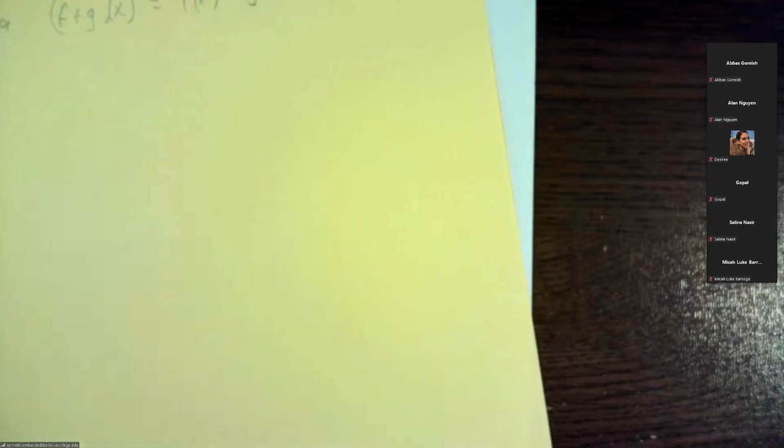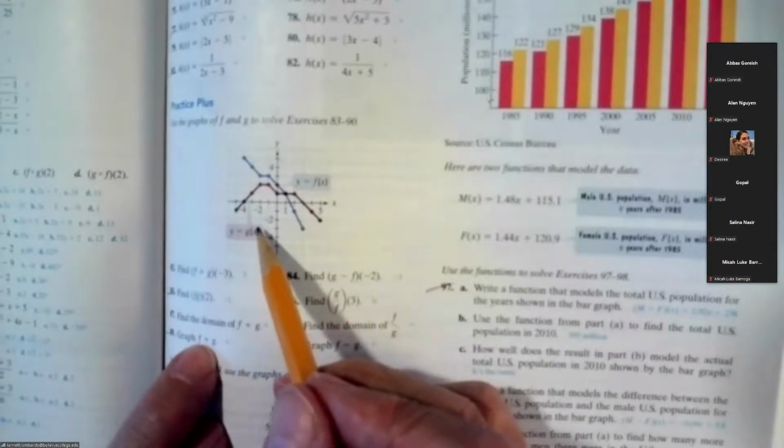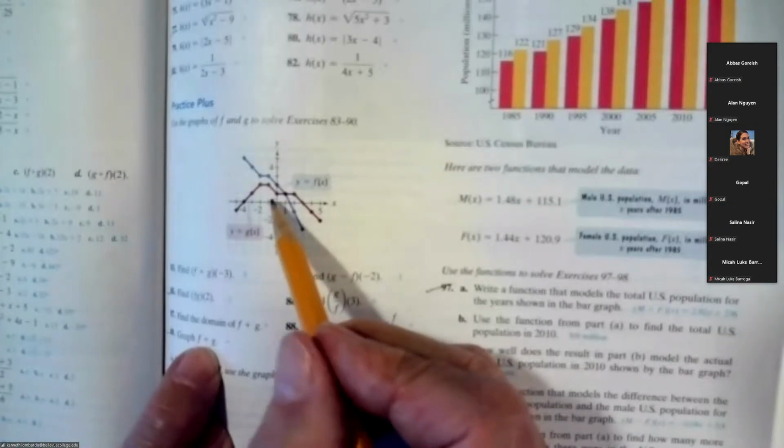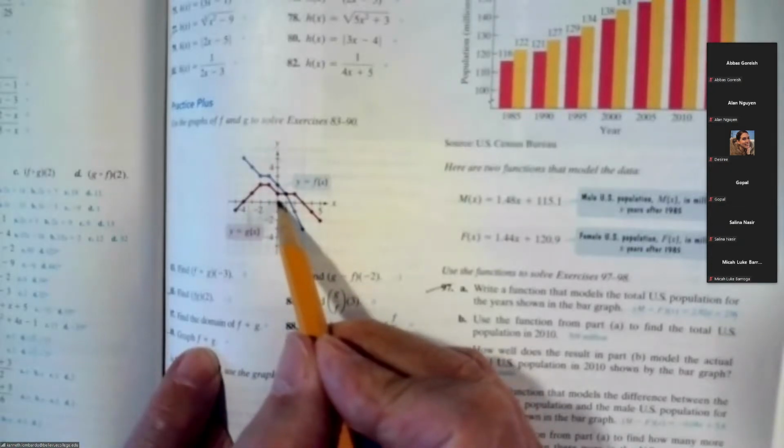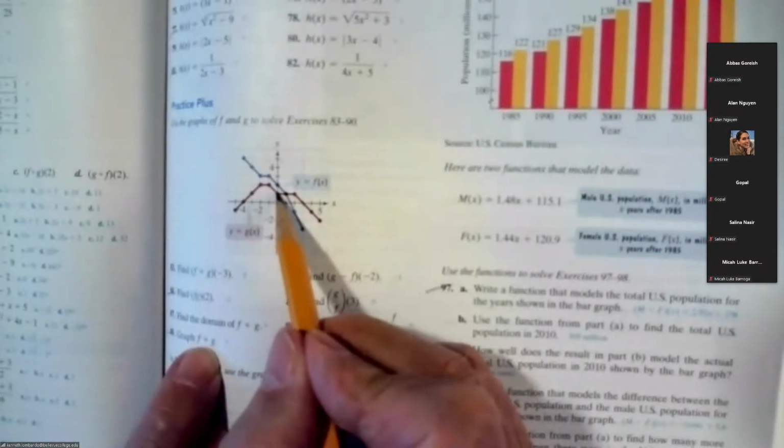It shows you, let me put this book under here, this graph right here, doesn't it? It says on this graph, do f plus g. So let's take point x is 0. So if x is 0, f of x or g of x, the red one, is what value?